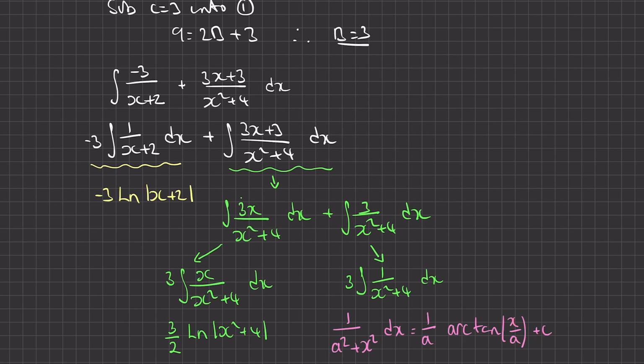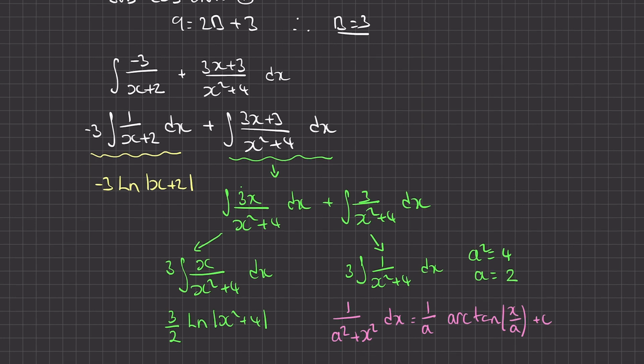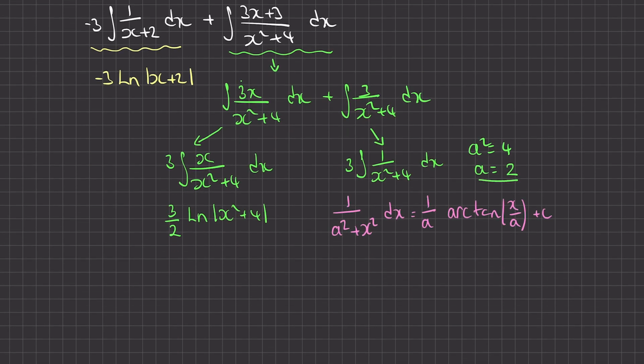So we need to identify that in this case, a squared is 4. I'll write this down. a squared equals 4. So that means a must equal 2. And I can substitute this value of 2 into our integral. So we have 1 over 2 arctan of x over 2.